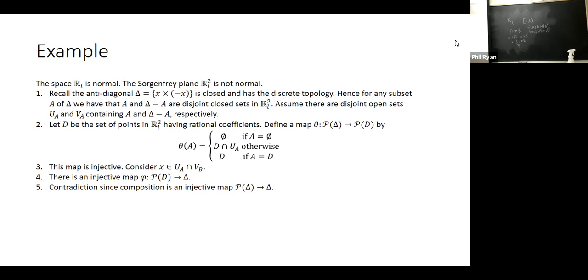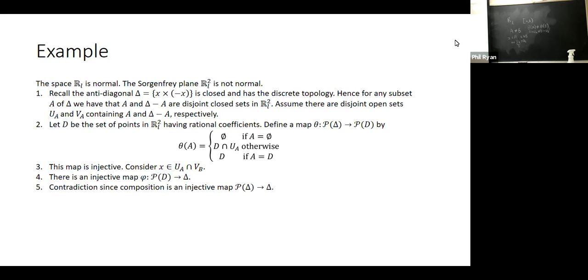Secondly, there's an injective map from the power set of D to the anti-diagonal, because this is homeomorphic to R, so it has the cardinality of R. D is countable, so it has the cardinality of Z plus.